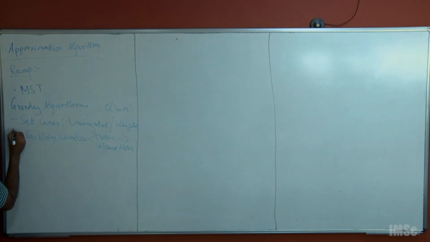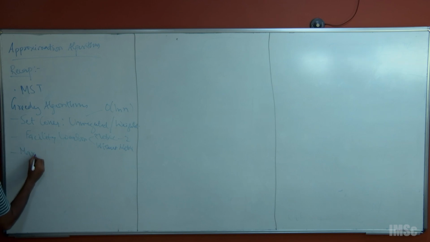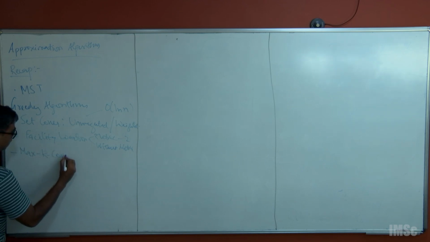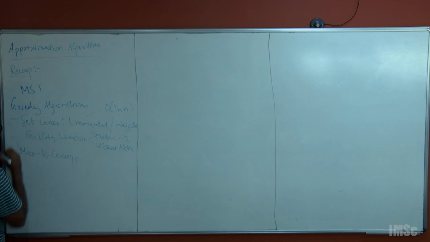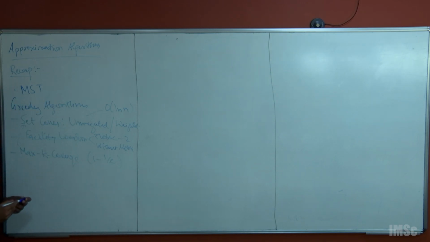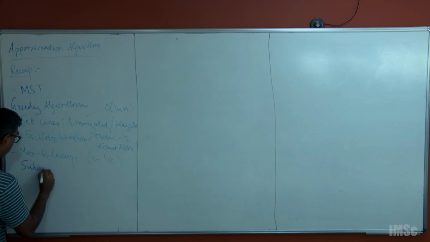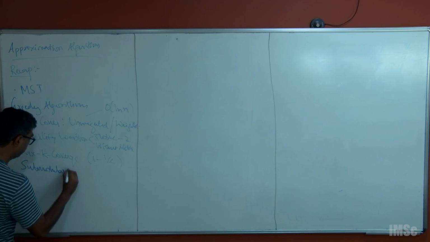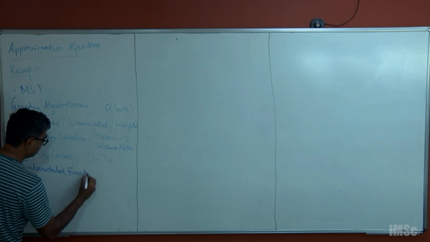We also saw what I called max k coverage, and for this we saw 1 minus 1 by e approximation. And then we moved to the generality of this, submodular functions.